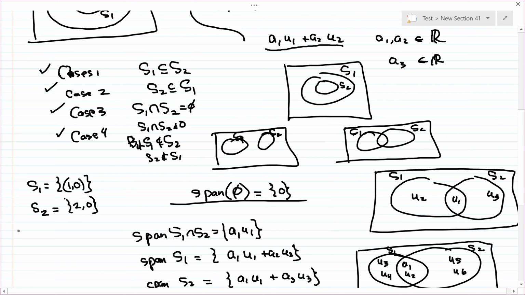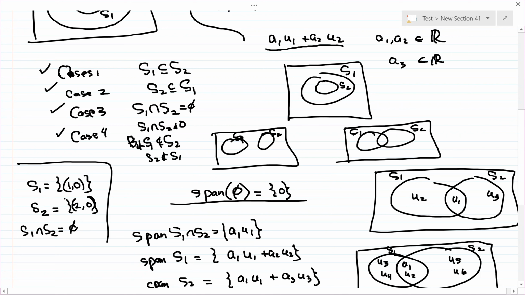So when you do S1 intersection S2, you get the empty set because these are different. I mean, one is a scalar multiple of the other, but they're different vectors. So if you took the intersection of these two, you'd get the empty set. So in that case, the span of the empty set is just the 0 vector.